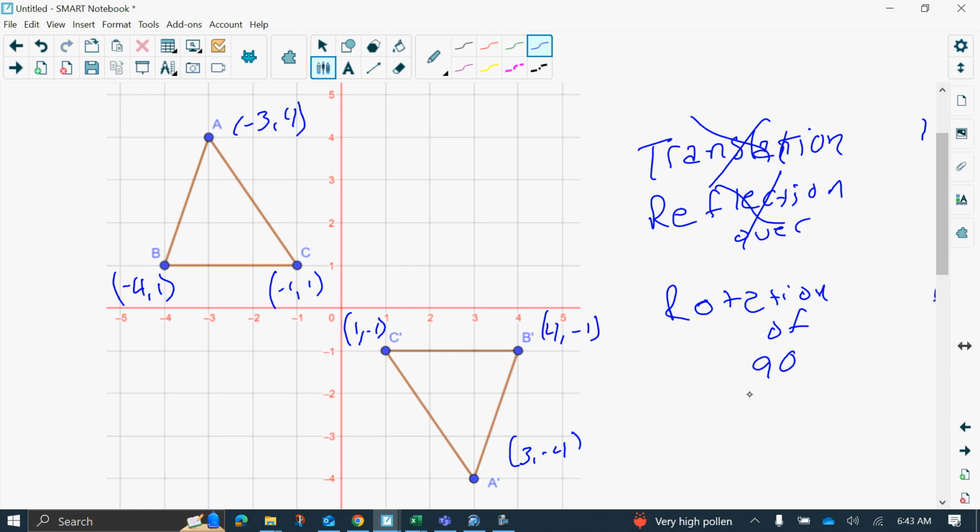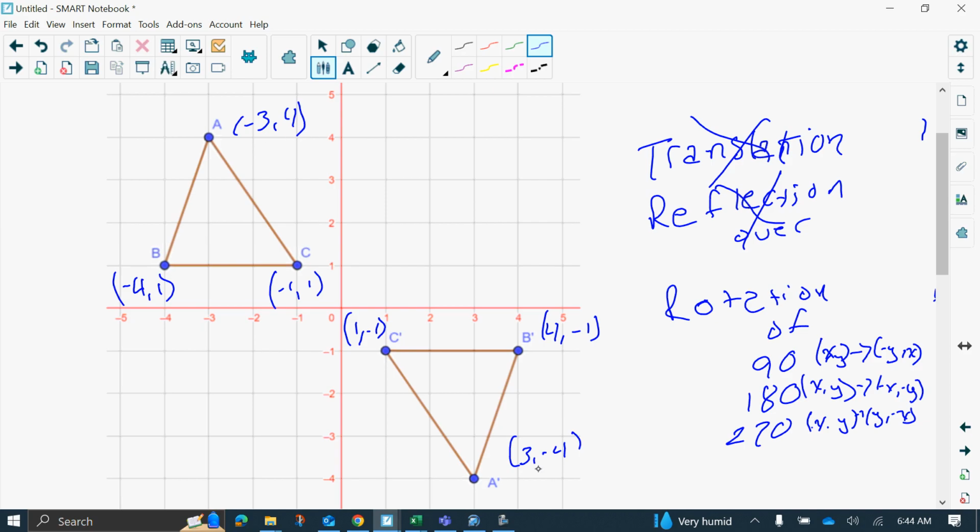So 90, 180, and 270. Well, 90 says that (x, y) goes to (negative y, x), so we switched the order.